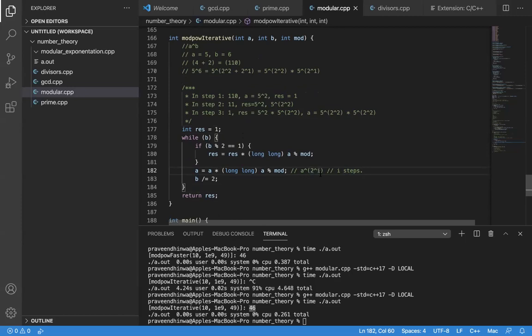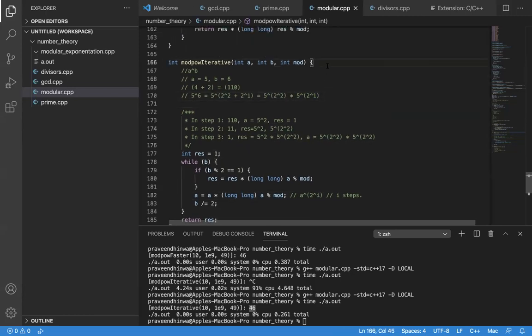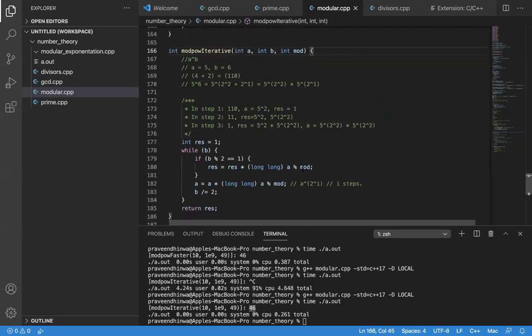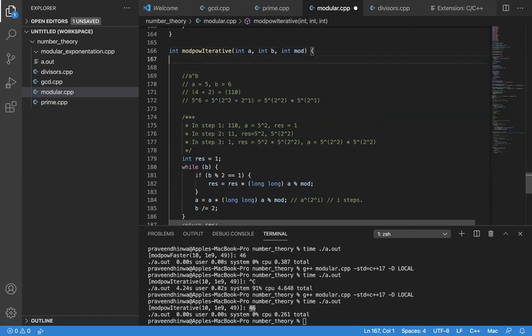Fine. So this multiplication is slightly tricky to understand. Let me see some easier way to explain.